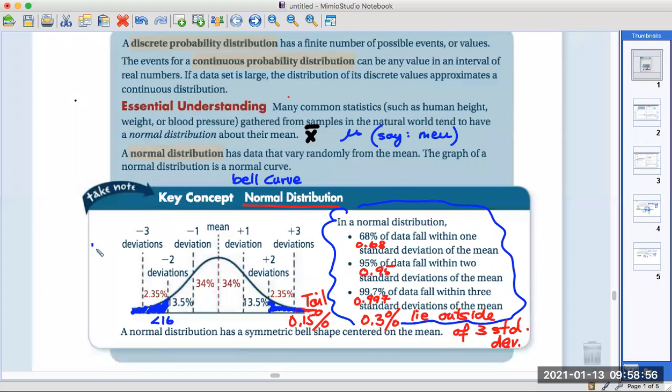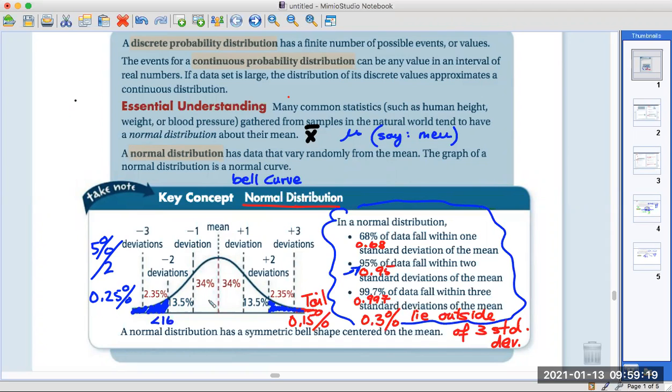We need to only have this part right here, not that up here. Well, both together are 5%, but the bell curve is symmetric. So we're going to divide that by 2. So it all starts here. 95% are here.